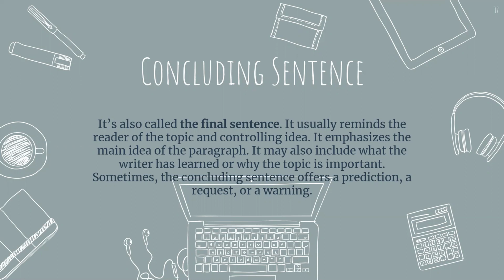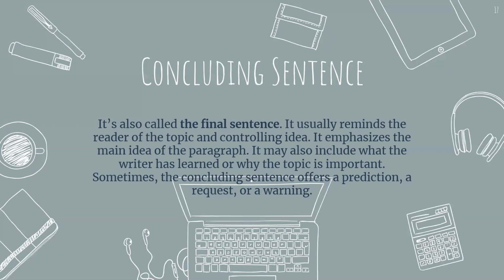It's the final sentence in the paragraph, and it's usually written to remind the reader of the topic and the controlling idea. It emphasizes the main idea of the paragraph. It may also include what the writer has learned or why the topic is important, which depends on the type of paragraph you're writing. Sometimes the concluding sentence offers a prediction, a request, or a warning.